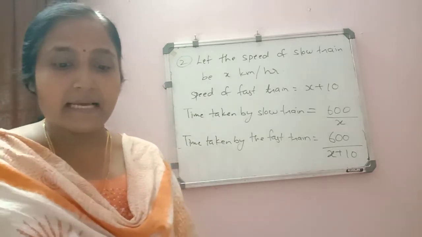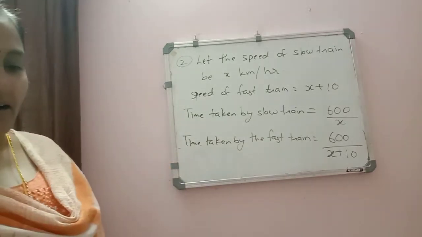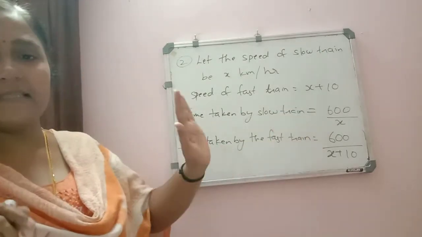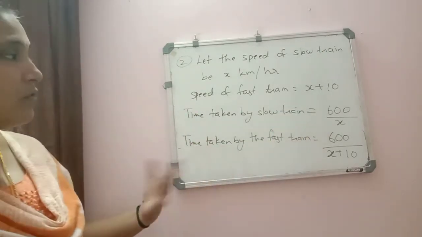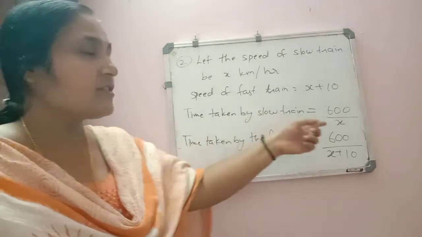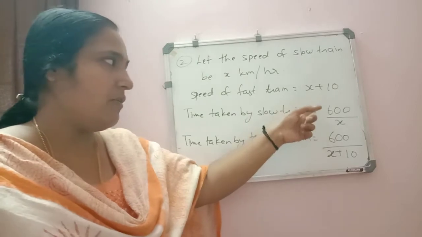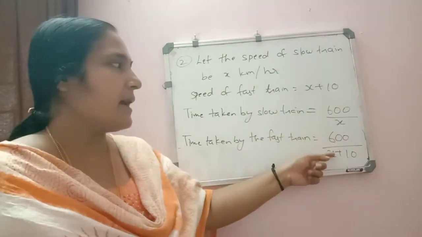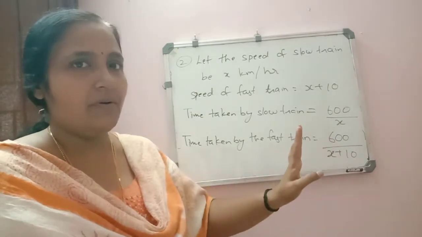A fast train takes 3 hours less than a slow train for a journey of 600 km. So difference in these two timings is 3 hours. Who will take more time? Obviously slow train will take more time. So we'll write 600 by x minus 600 by x plus 10 is equal to 3.